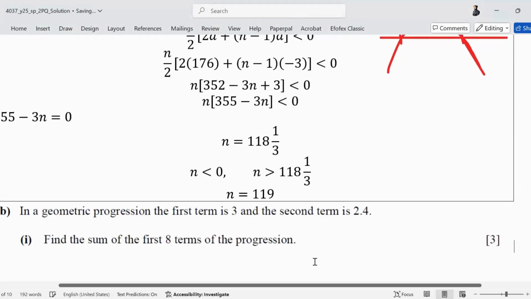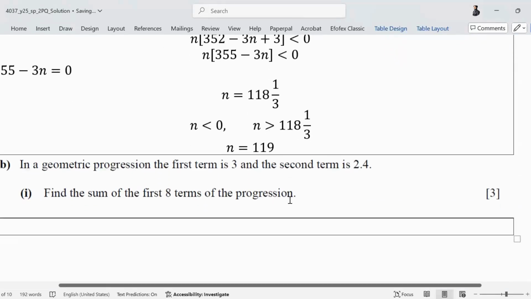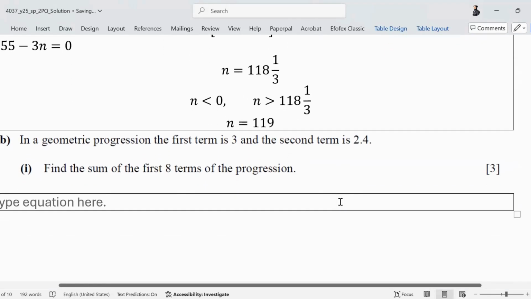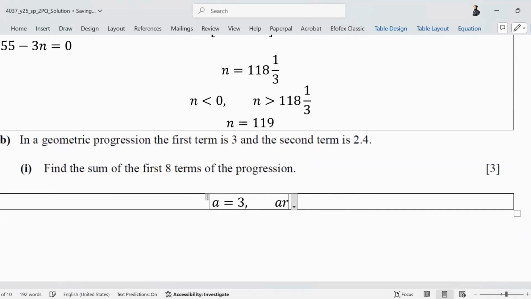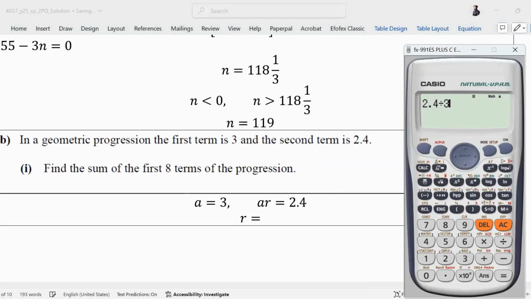Moving on to part B1. Okay, now in a GP, the first term A is 3 and the second term AR is 2.4. So the value of R is 2.4 divided by 3, which is 0.8.